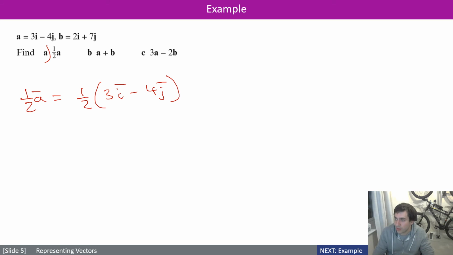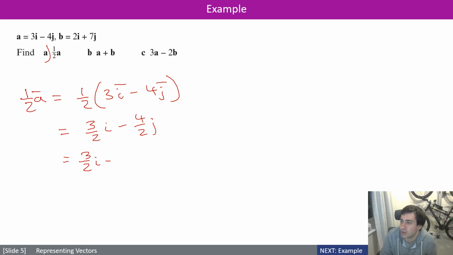So you can just treat them like variables. So all I'm going to do now is multiply the inside by a half. So I get 3 over 2i minus 4 over 2j equals 3 over 2i minus 2j. And that's it. That's the answer. You just halve all the coefficients. So that was part A done.